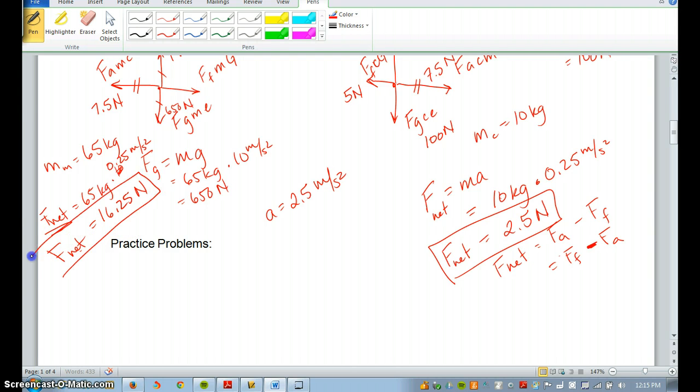What does that mean about my frictional force? And remember, net force is applied force minus frictional force. So in this case, I know that my net force is 16.25 newtons. I know that my applied force was 7.5 newtons, so Fa.